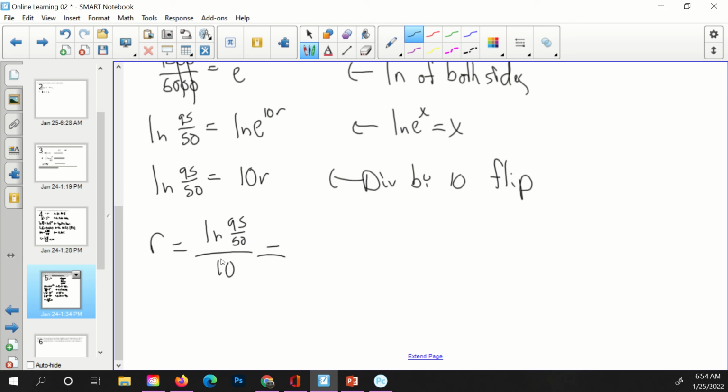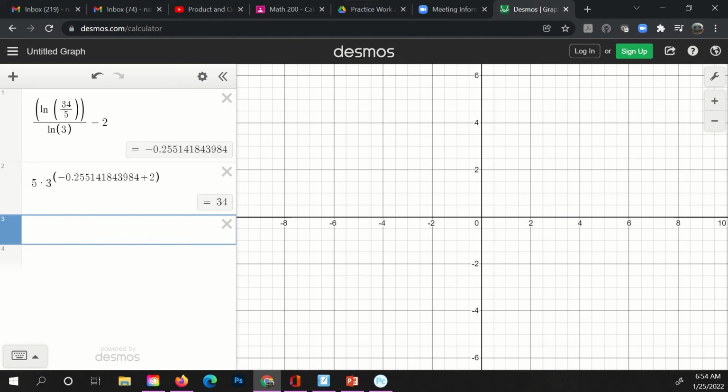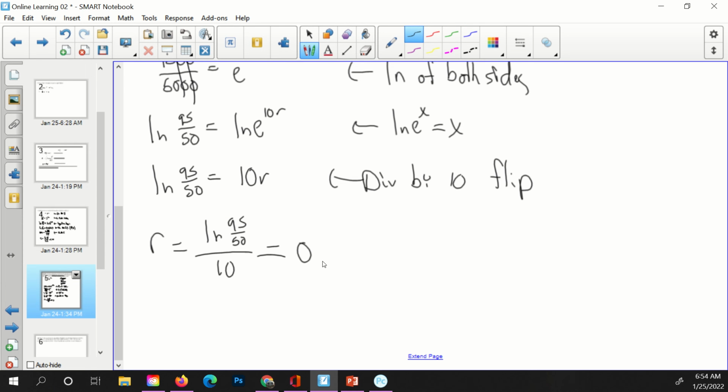That I'll plug into my calculator, so we'll go right to decimals. And we'll say the ln of 95 divided by 50. We'll close that parenthesis, divided by 10, and we get 0.061485.